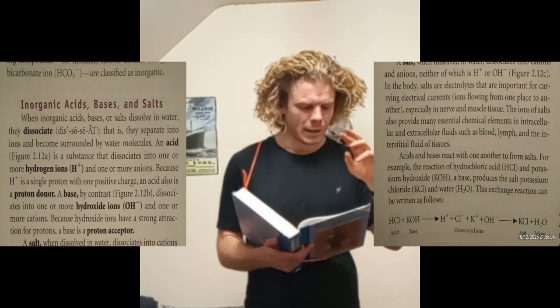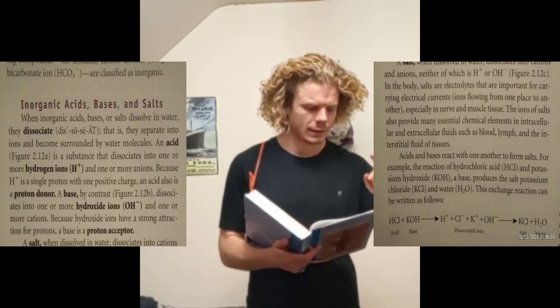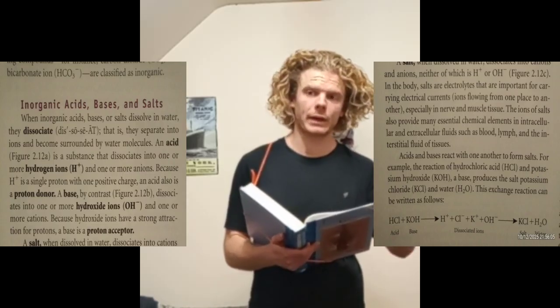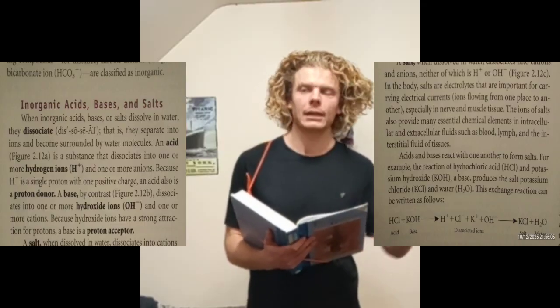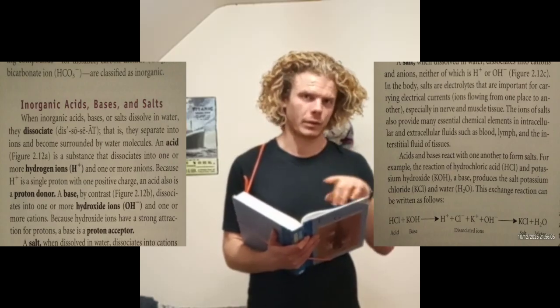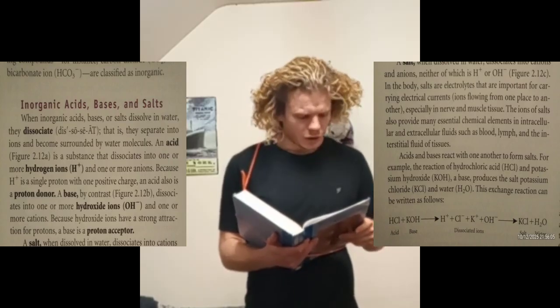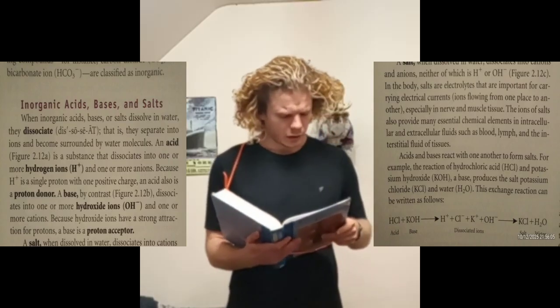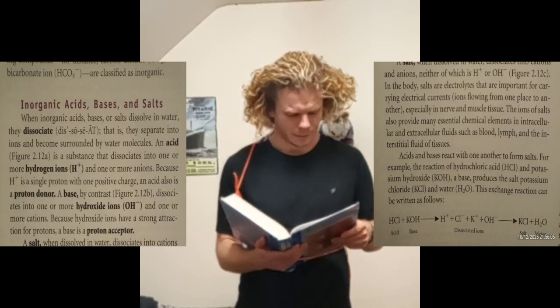So acids and bases work fundamentally differently in the human body. Acids have one proton too much and can bond with something else, and bases, whatever bases are, form negative hydroxide ions when dissolved in water. Because hydroxide ions have a strong attraction for protons, a base is a proton acceptor.